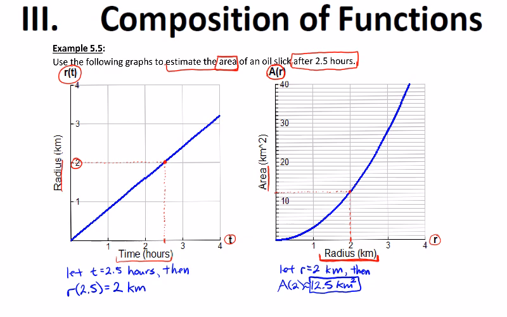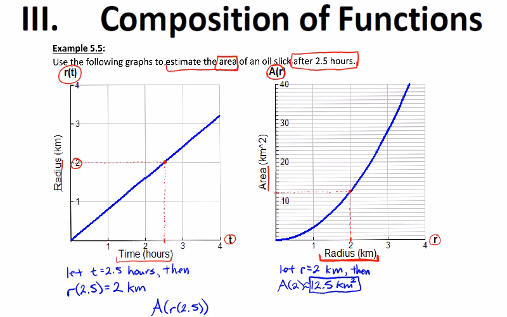Now I can actually take these two results and put them together into one statement. I can say A of R of 2.5. So I can do what's called embedded function notation, or a function within a function.